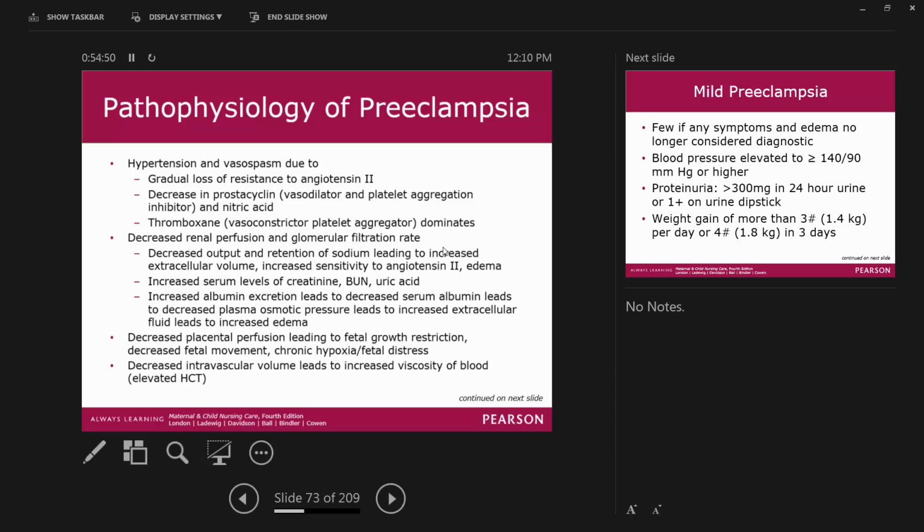But we are excreting large amounts of albumin, and that increases our extracellular fluid.